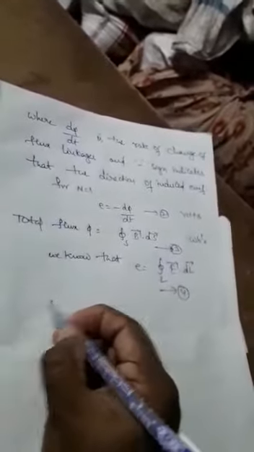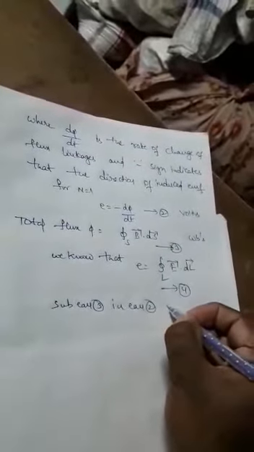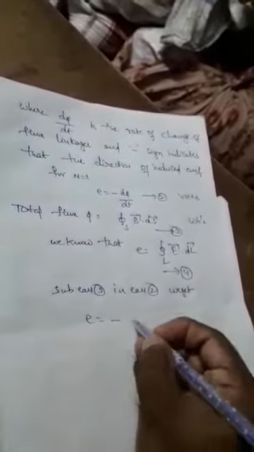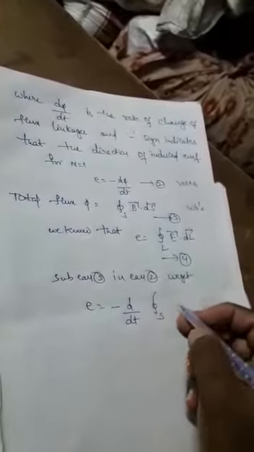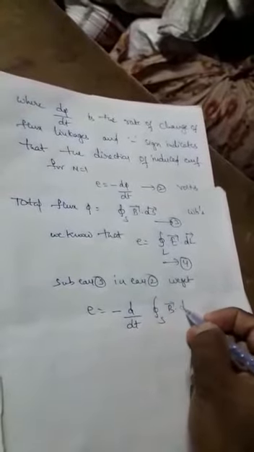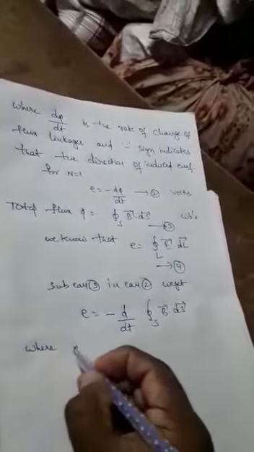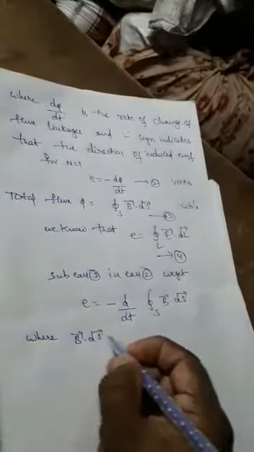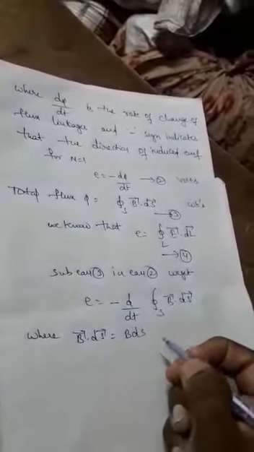Then substituting equation 3 in equation 2, we get E is equal to minus d by dt of the closed surface integral of B bar dot dS bar, where B bar dot dS bar is the dot product between two vectors, BdS cos theta.